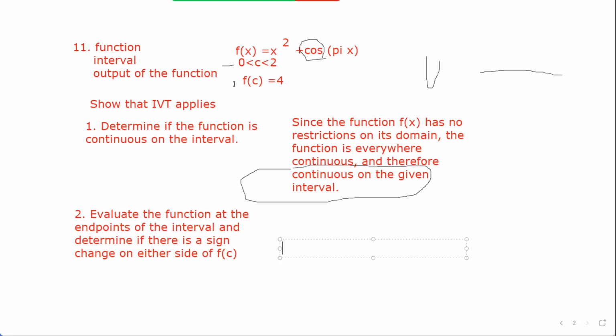So we're looking at our interval, remember, was 0 to 2. So when I plug in 0, what is f of 0? Now, this is where our trig comes in. So don't freak out. This is 0 squared, right? We can do 0 squared all day, every day.